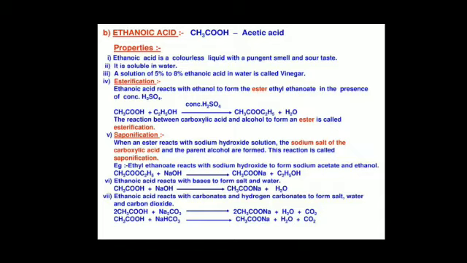As the name suggests, esterification reaction means there is formation of esters. So esters are most commonly formed by reaction of an acid, that is ethanoic acid, and an alcohol, that is ethanol. So ethanoic acid reacts with absolute ethanol in the presence of an acid catalyst to give an ester.